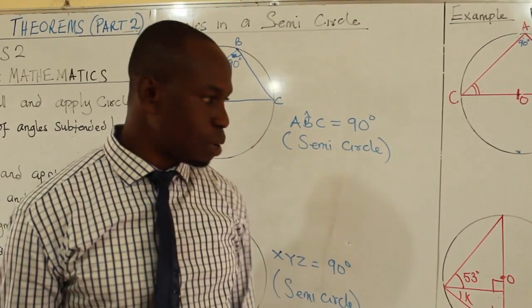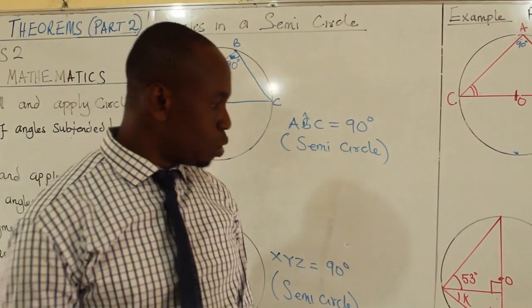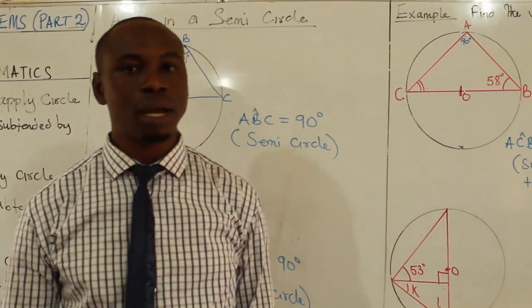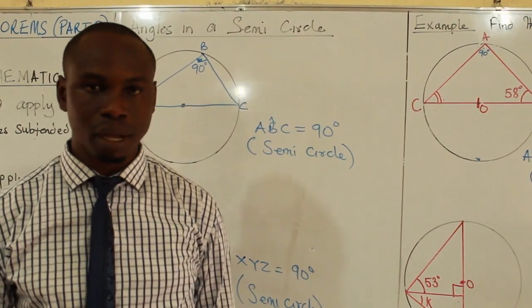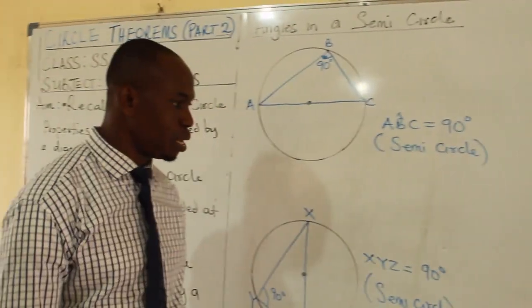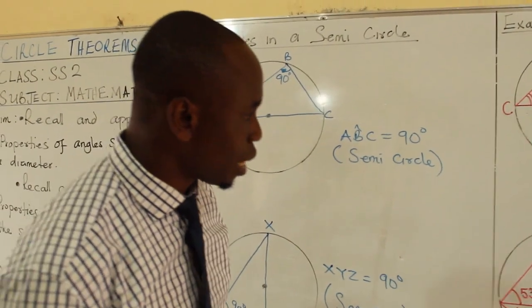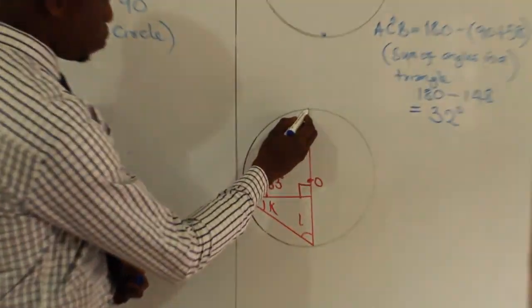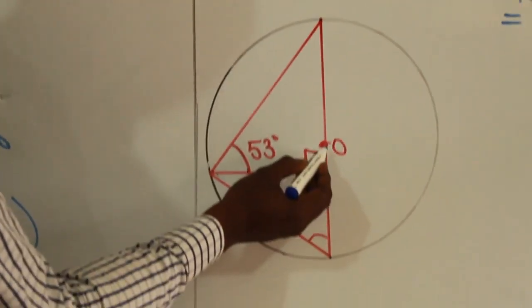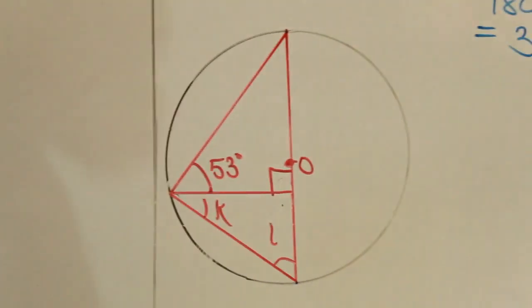I have a second example here which will also strengthen our knowledge of the angles formed by the diameter, or angles in a semicircle. Like I said earlier, this line drawn from this point to this end crosses the center of the circle.